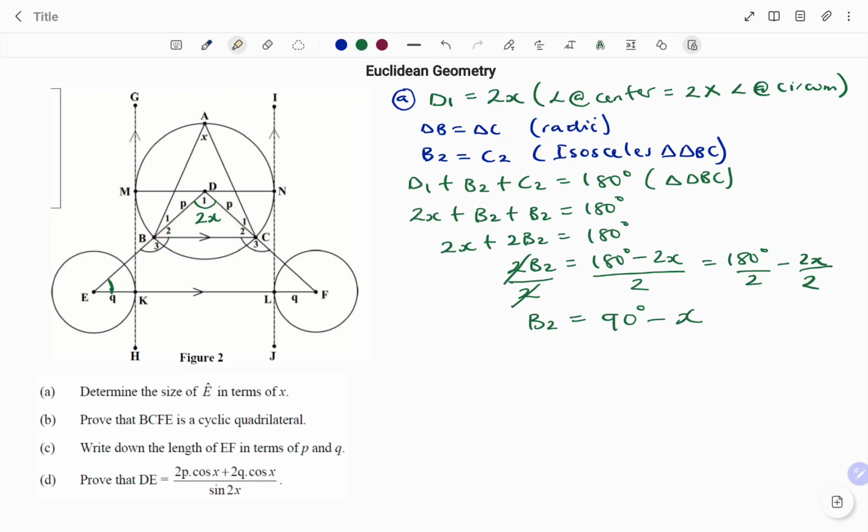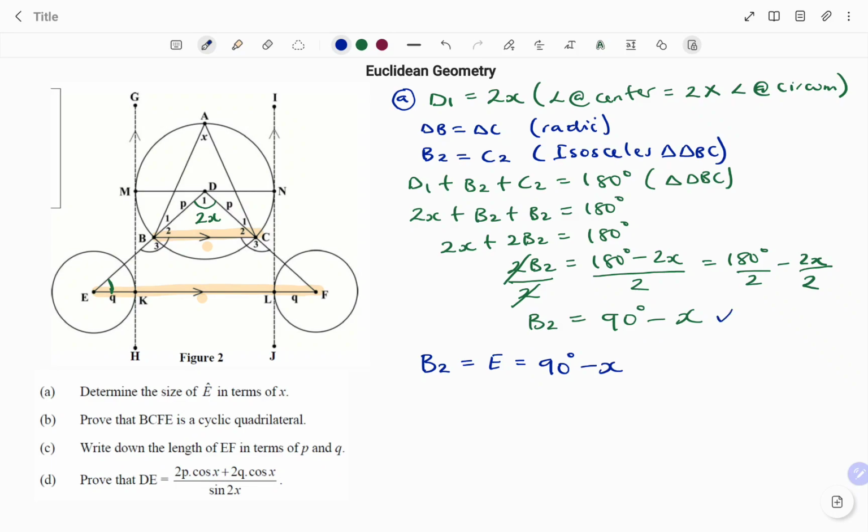From the question, we were told that the lines BC and EF are parallel lines, and we can see that from the arrow. So therefore, because they are both parallel lines, the angle B2 is also equal to the angle at E, and that is equal to 90 degrees minus x, as we got here.